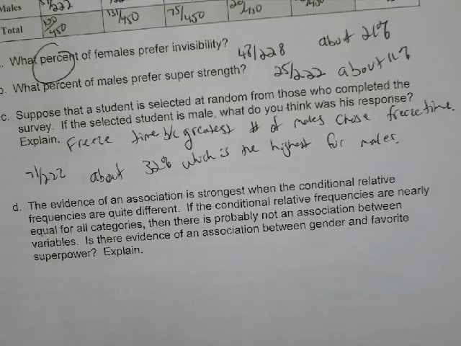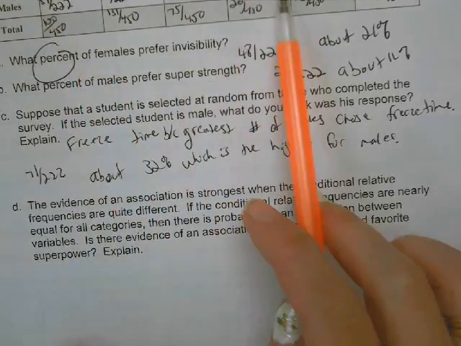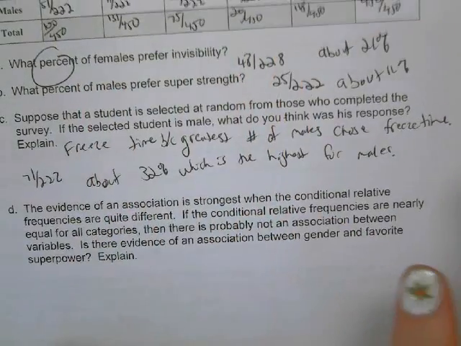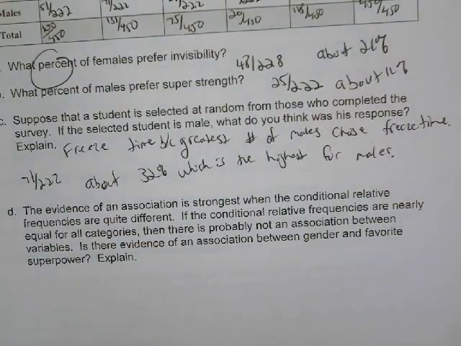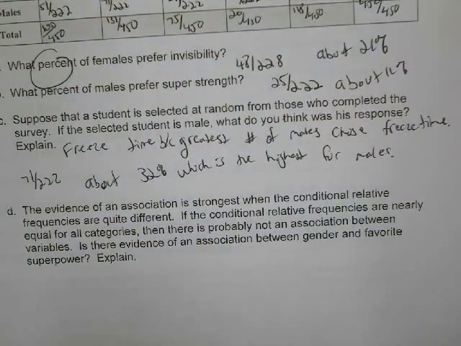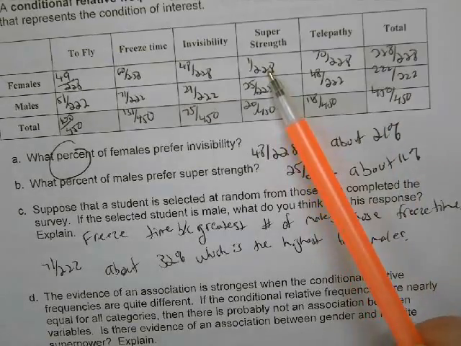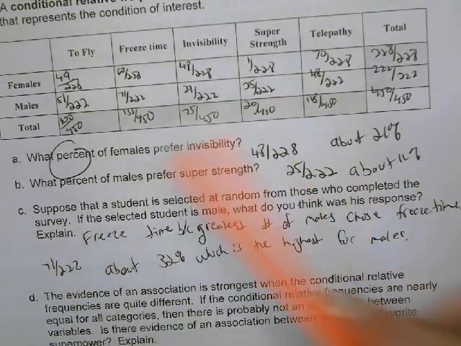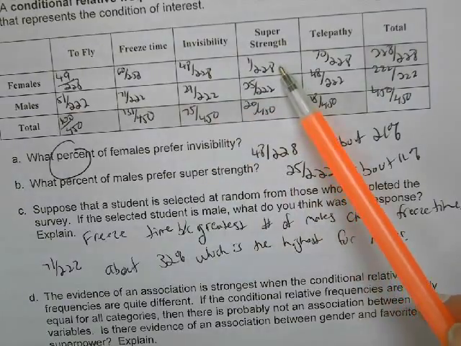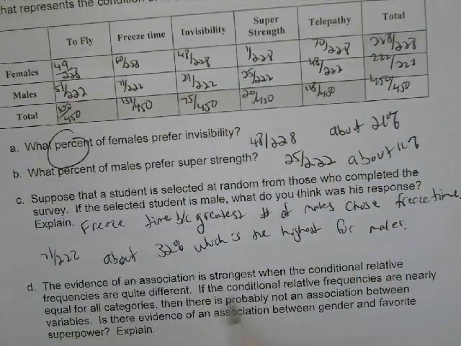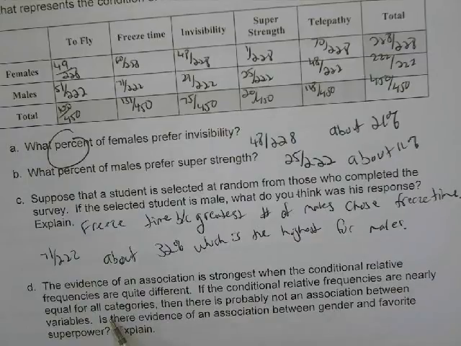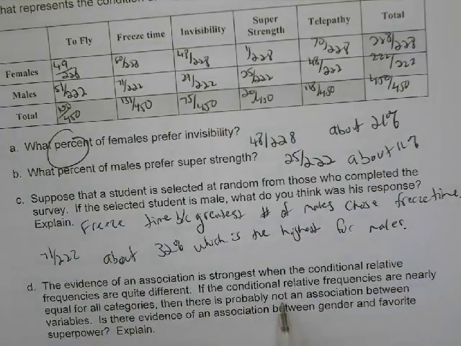If all of these are close in percentage, we can't tell what one person prefers. Do females prefer one thing? Do males prefer one thing? We can't draw any conclusions. So, like super strength being so low is great for us because we can tell females really aren't interested in super strength. So it says, if the conditional relative frequencies are nearly equal for all categories, then there is probably not an association between the variables.